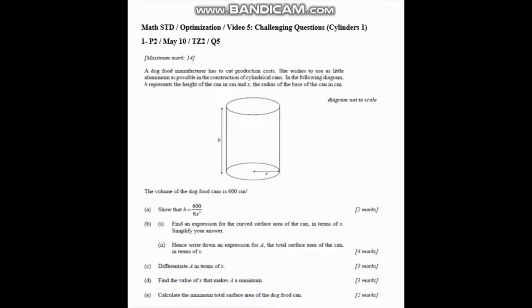So in this first question we are required to find an expression for h given the fact that the volume is 600, and we can see that it shall feature in our answer. So the volume is given by pi r squared h. This is the volume of a cylinder, and here the radius is called x, so the volume shall be pi x squared h.